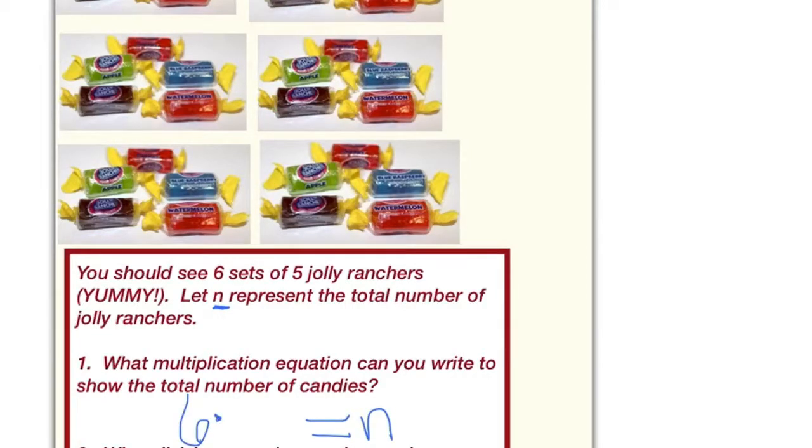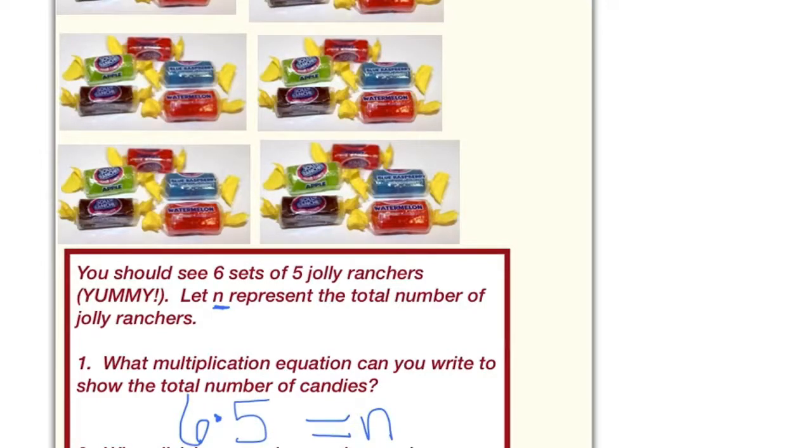How many Jolly Ranchers are in each group? Since there are 5 Jolly Ranchers in each group, we would write 6 times 5 equals n.